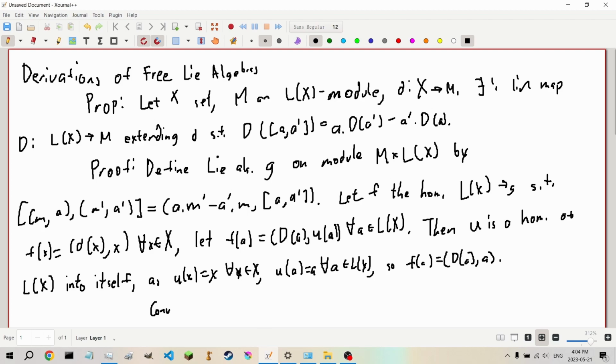Conversely, let D' be as desired, a map from LX into M with the desired relation extending d. Let f' of a then be D' of a and a for all a in LX.